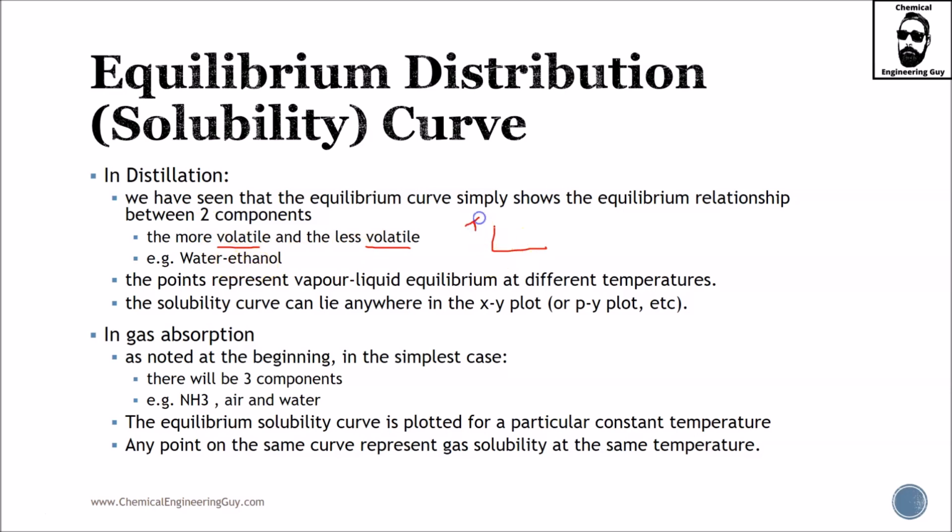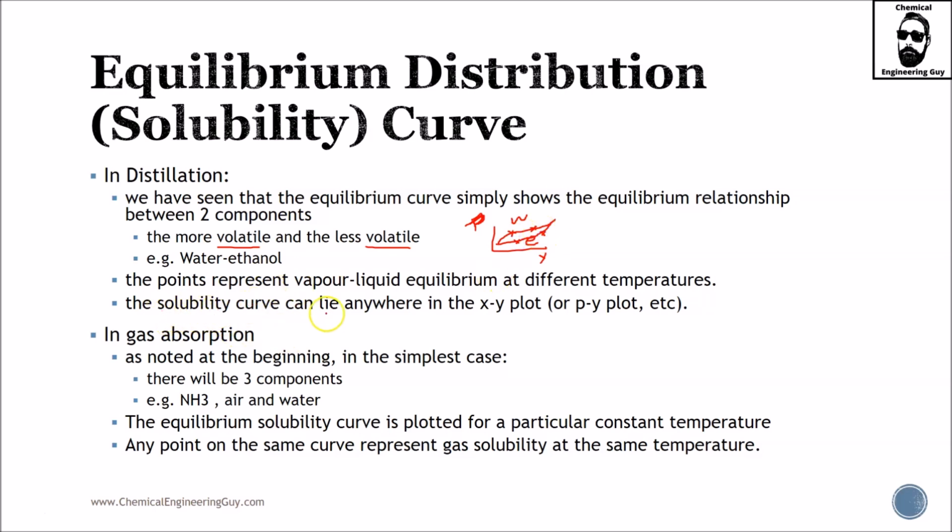Typically, we're talking about a T-XY diagram. At high temperatures, let's say high pressures, you will have water, and at low pressures you will have the ethanol. The points represent vapor-liquid equilibrium. So remember this will be a vapor-liquid equilibrium in the liquid phase and in the vapor phase.